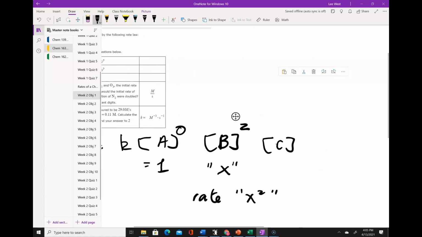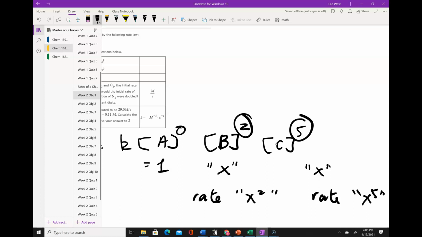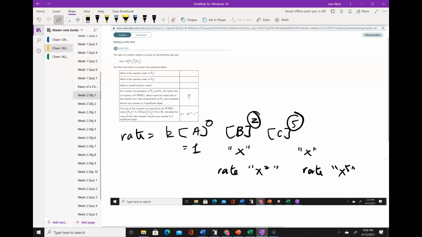And if it is first order, it means if you change the concentration of C, or let's call it something more interesting than first order, that's kind of boring. Let's say it's like 5th order. If you change the concentration of C by x, then the rate will change by the factor of x to the 5. So basically, the bigger the reaction order, the more sensitive the rate of the reaction is to changes in the concentration of that particular reactant.